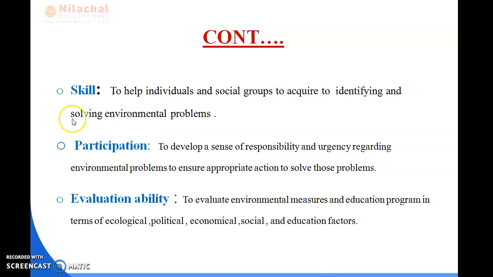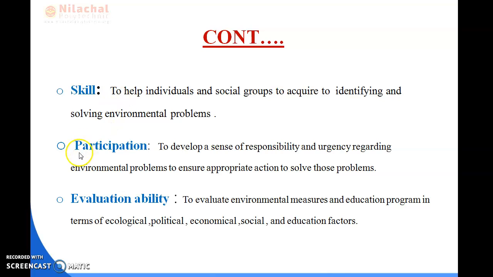Whenever people have no ability to identify the problem, they can't solve the environmental issues or problems. So skill is basically needed for all human beings.